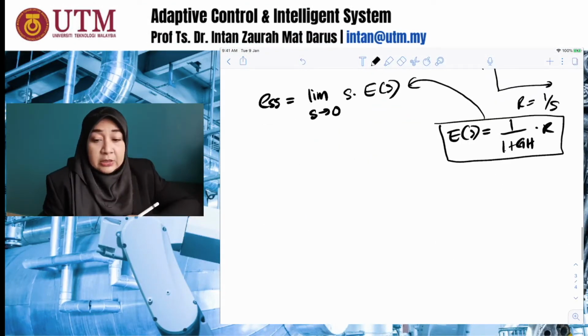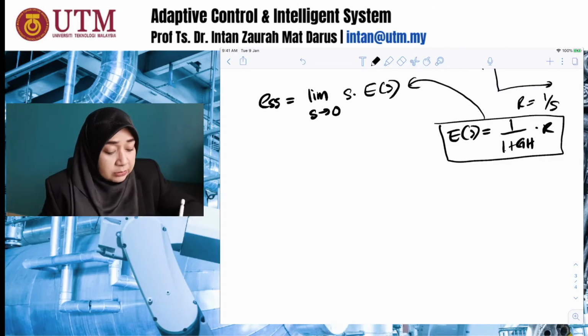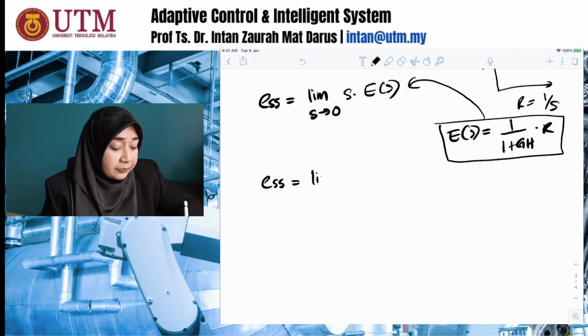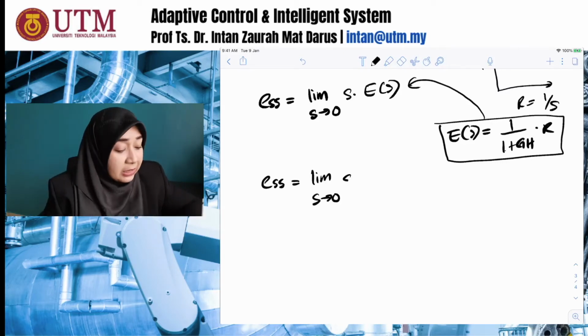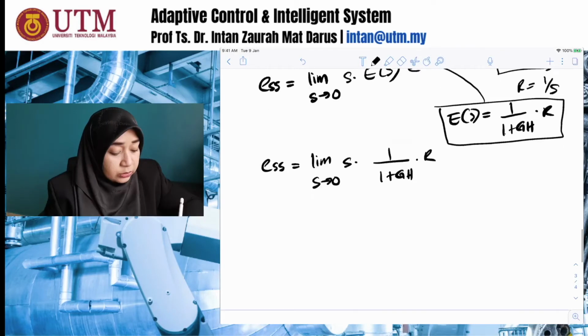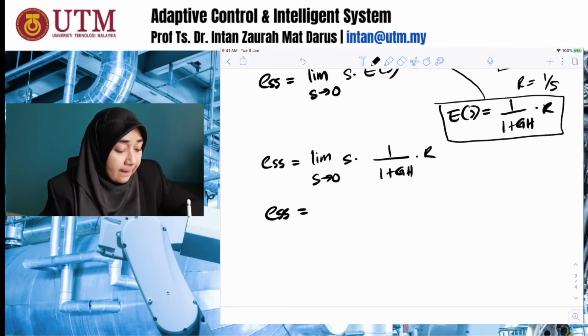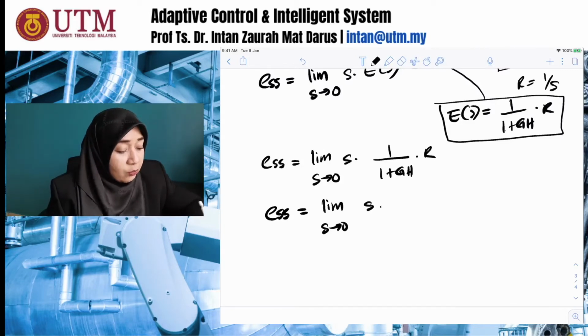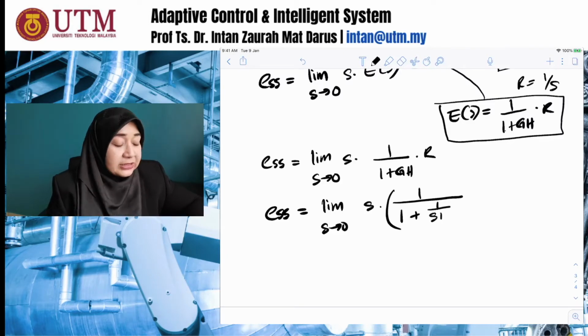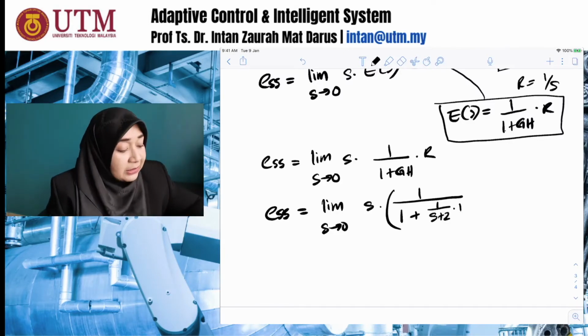If I substitute the error equation into the final value theorem, I'm going to have s multiplied by 1 over 1 plus GH multiplied by R. Substituting GH, I'm going to have 1 over 1 plus, my G is 1 over s plus 2, my H is equal to 1, then multiplied with my input, 1 over s.